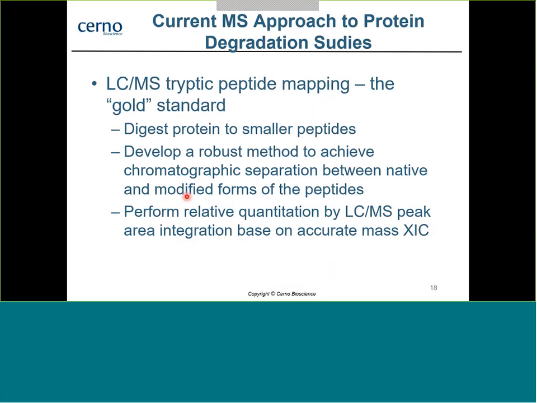Then you need to develop a robust chromatographic method to achieve separation between the native and modified forms of the peptides. And then what one does is perform a relative quantitation by LC-MS peak area integration based on the accurate mass extracted ion chromatogram. So that's the typical procedure today for performing this.